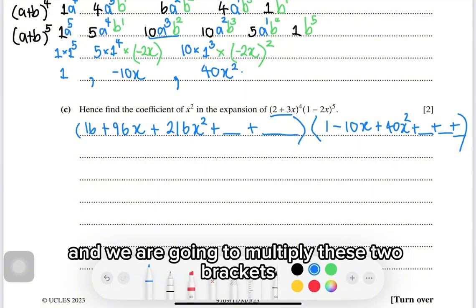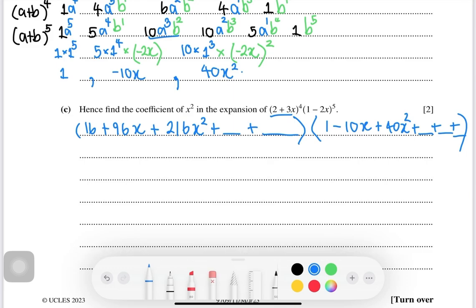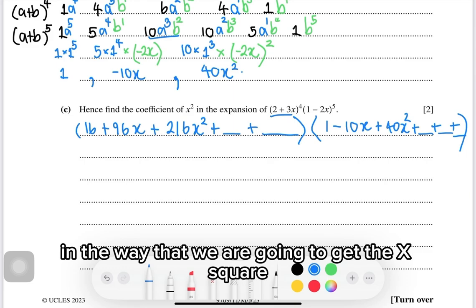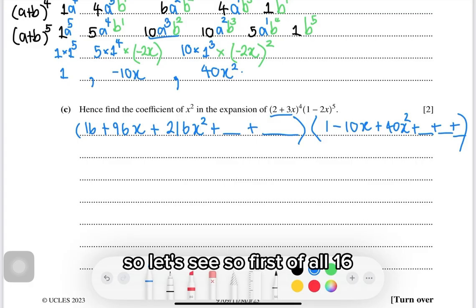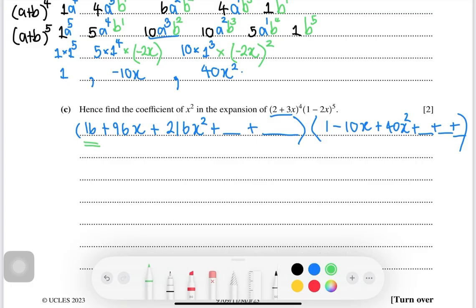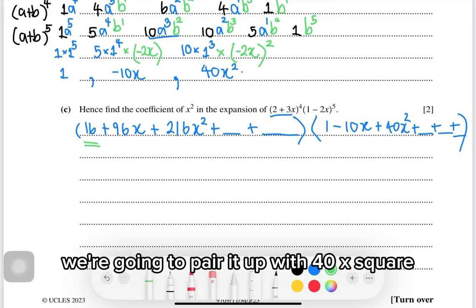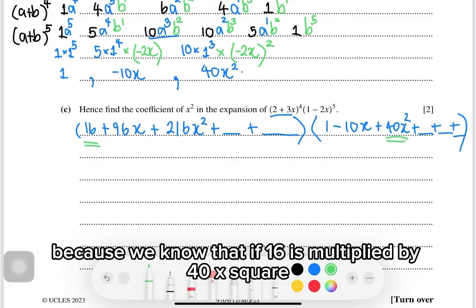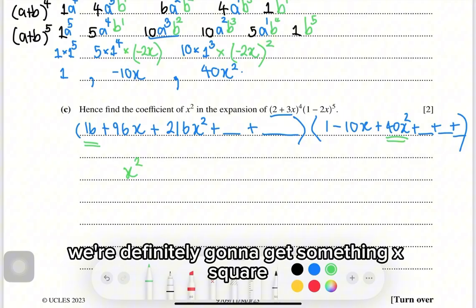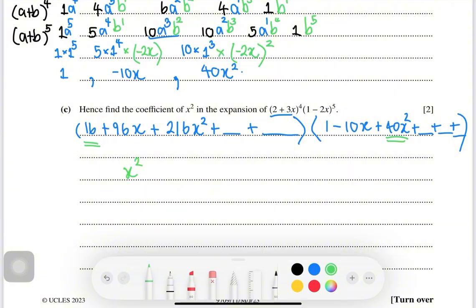And we're going to multiply these 2 brackets in the way that we're going to get the x squared. So let's see. So first of all, 16. We're going to pair it up with 40x squared, because we know that if 16 is multiplied by 40x squared, we're definitely going to get something x squared.